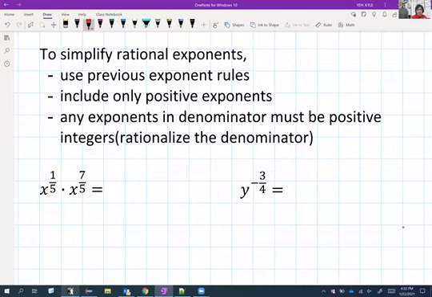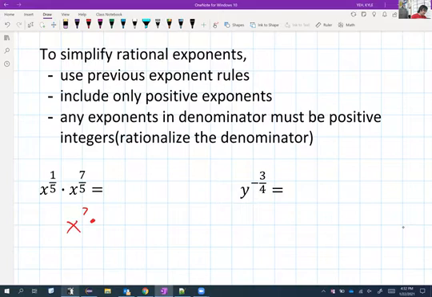But to start, if I want to know x to the 1/5 times x to the 7/5, well, yes, those exponents are fractions, but remember, we actually know an exponent rule that can help us out here. I'm going to make up a problem for just a second to remind you of that exponent rule. x to the 7th times x squared is x to the 7 plus 2 power, or x to the 9th power. When we're multiplying the same base raised to some exponents, we just add those exponents.